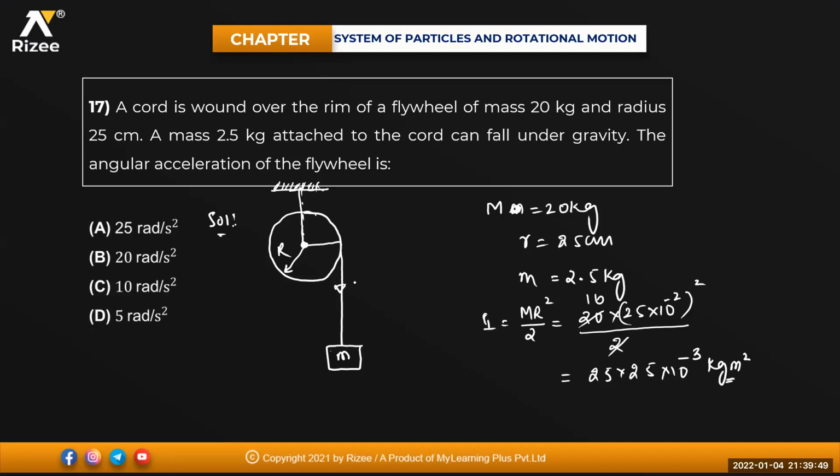Here there is some force acting, and the weight of the body is mg. This force into the perpendicular distance will be equal to torque, isn't it?